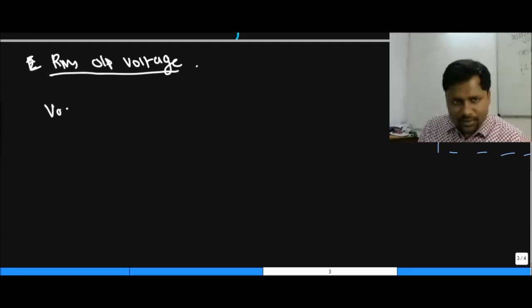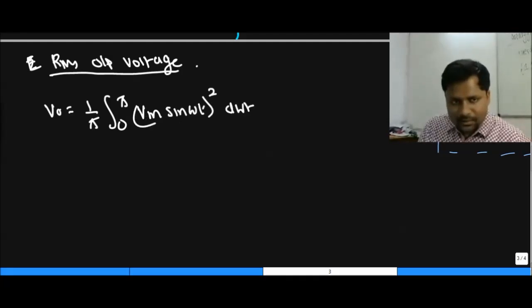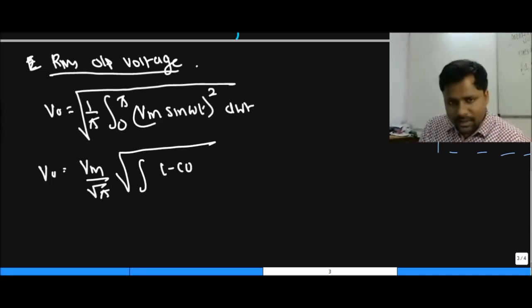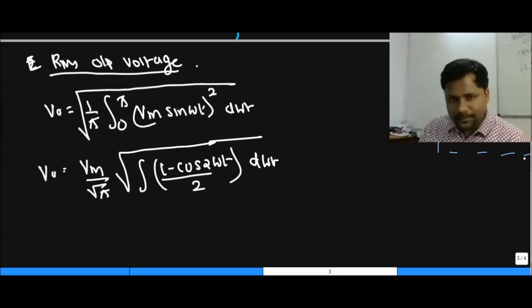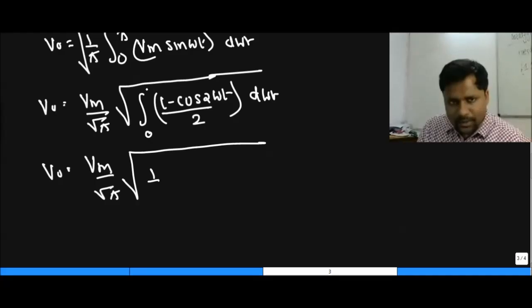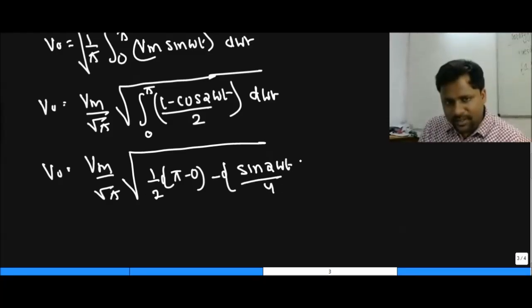It should be V0 equals square root of 1 upon pi, integral from 0 to pi, Vm sin omega T whole square d omega T. That equals Vm upon root pi, integration of 1 minus cos 2 omega T upon 2, d omega T. It should be V0 equals Vm upon root pi, integration of the limits 0 to pi of 1 over 2, minus sin 2 omega T divided by 4.